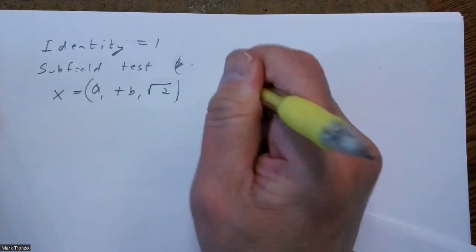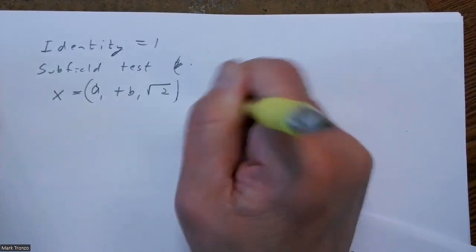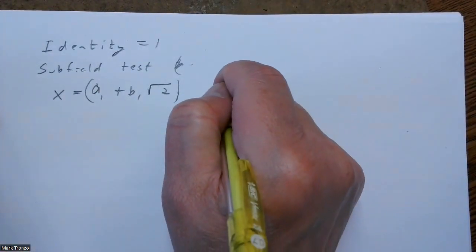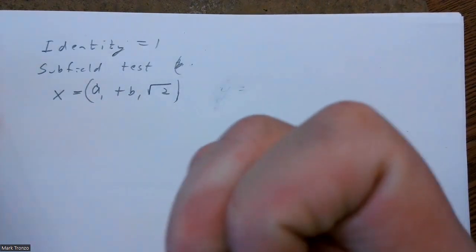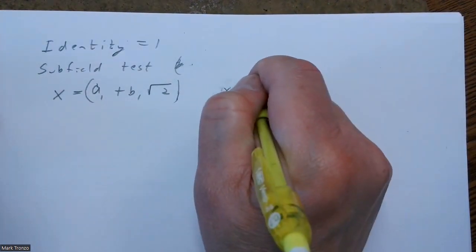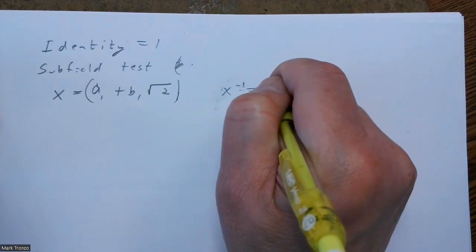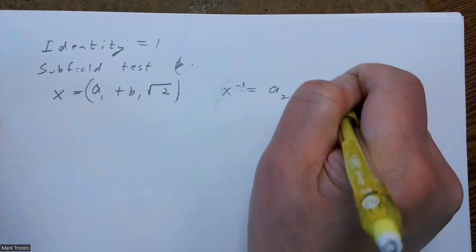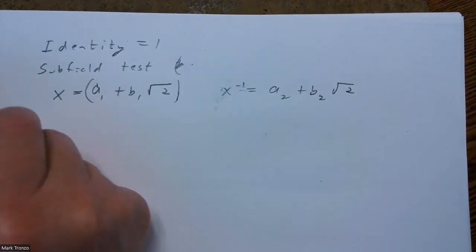How do we want to say this? So we have an x here. Can we find an x inverse, say of the form a2 plus b2 square root of 2?